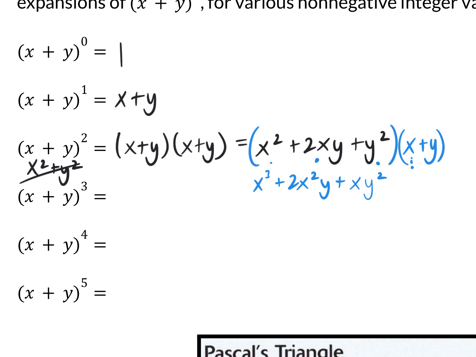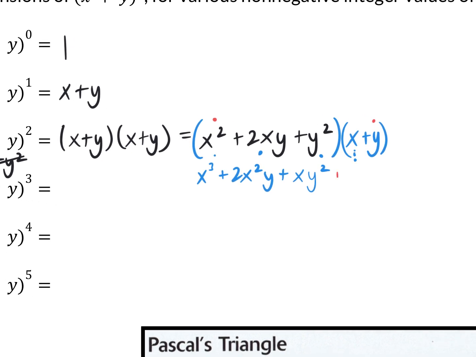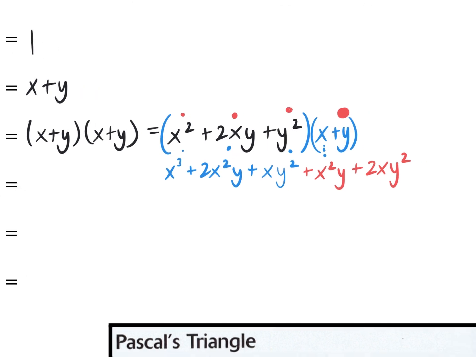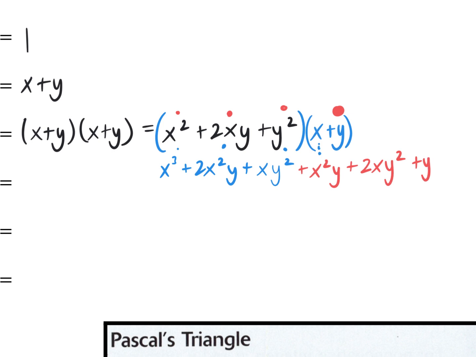And I'm going to multiply y with everything. So y times x squared gives me x squared y. Y times 2xy gives me 2xy squared. And lastly, y times y squared gives me y to the third.